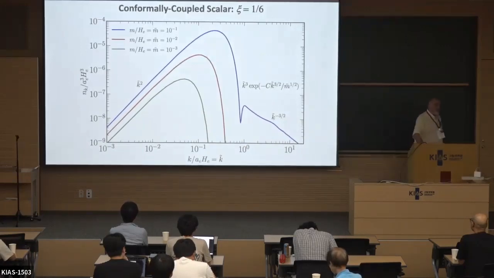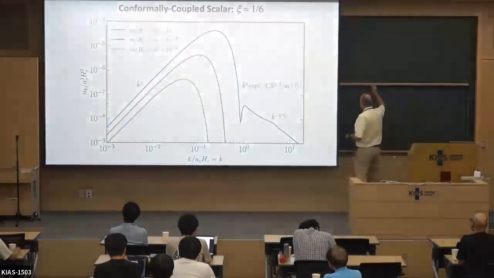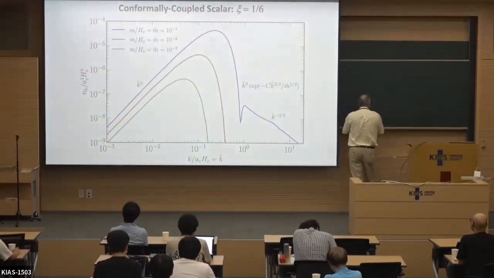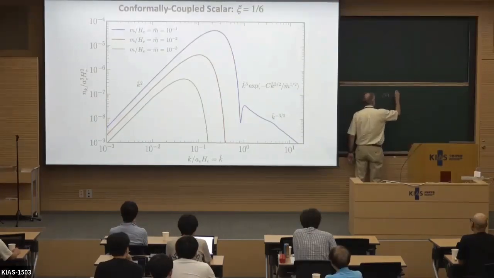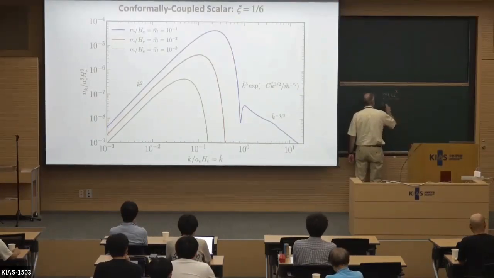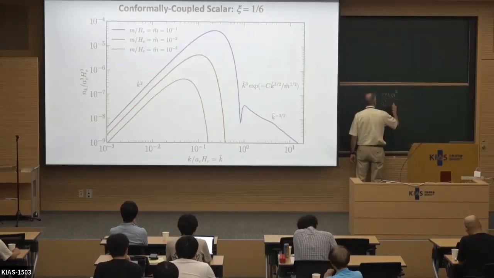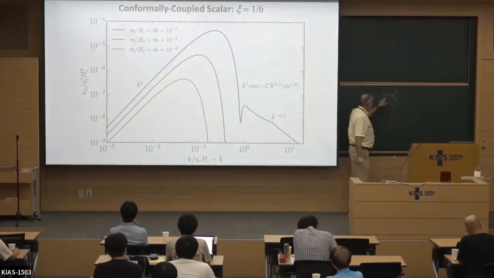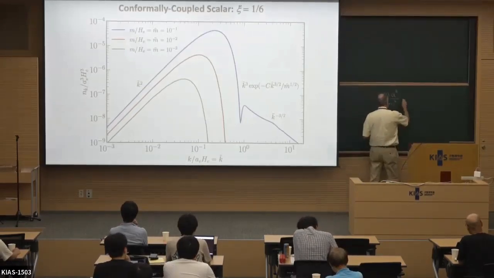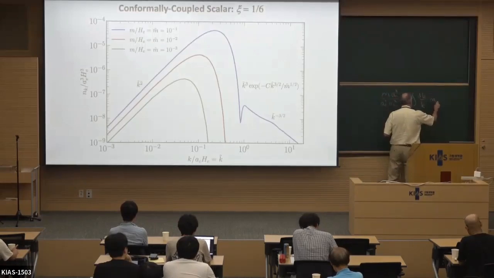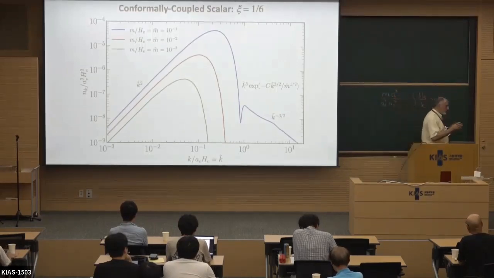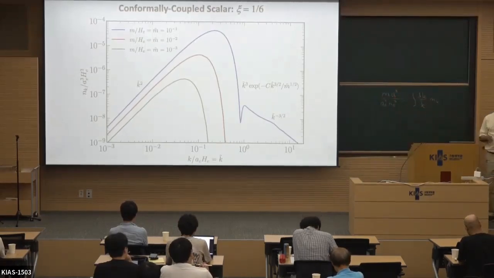Now, what we want to calculate is the co-moving number density. N is the co-moving number density, and this is the integral dk over k times n sub k. So we would integrate over all wave number.